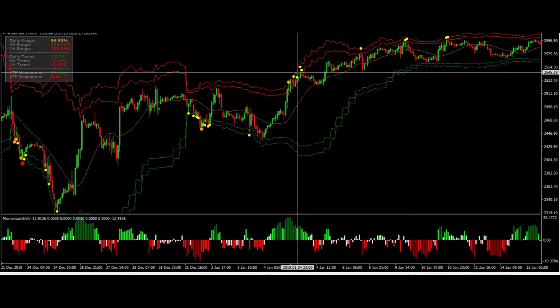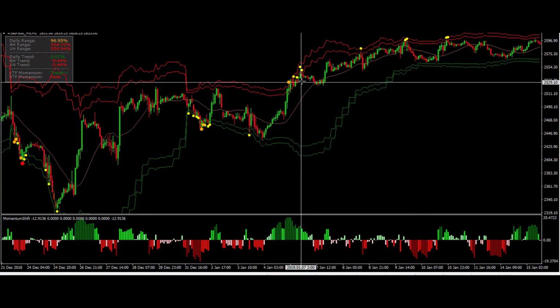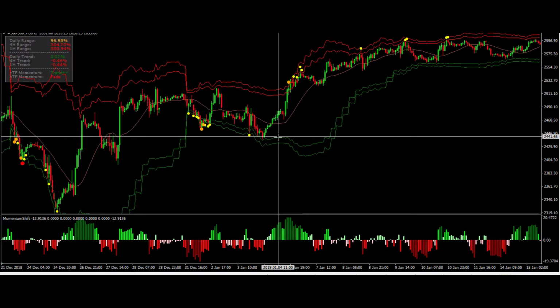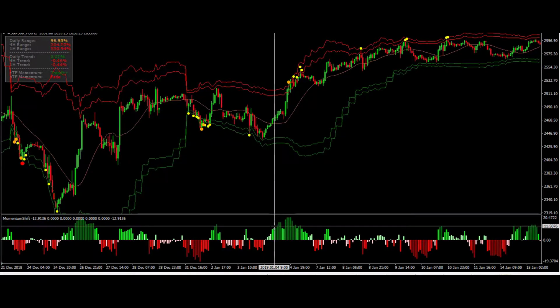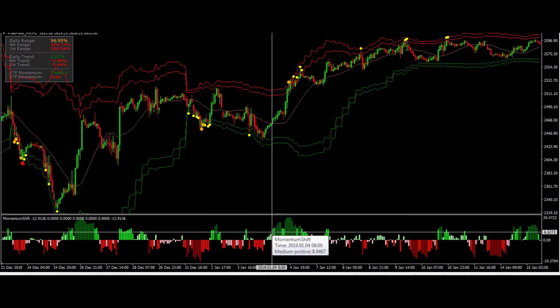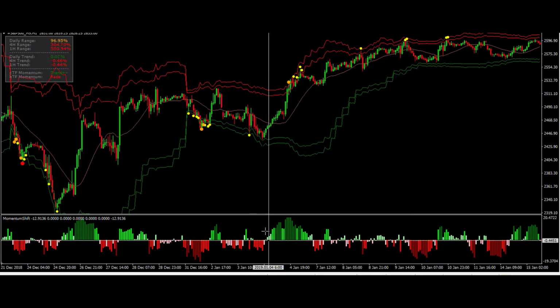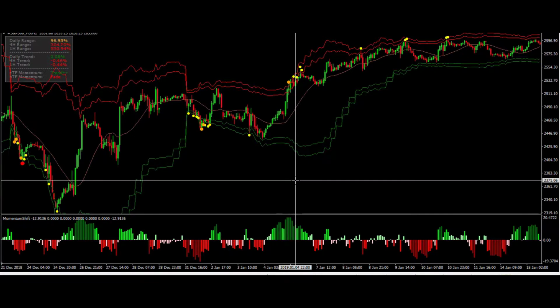And soon after that, we see a really strong looking bullish move in the market. Once again, pretty much predicted. Predicted here is a strong word, of course, but definitely indicated by the momentum shift indicator.